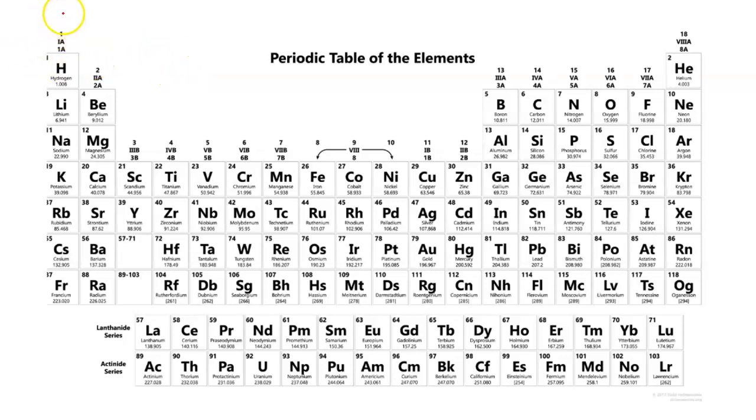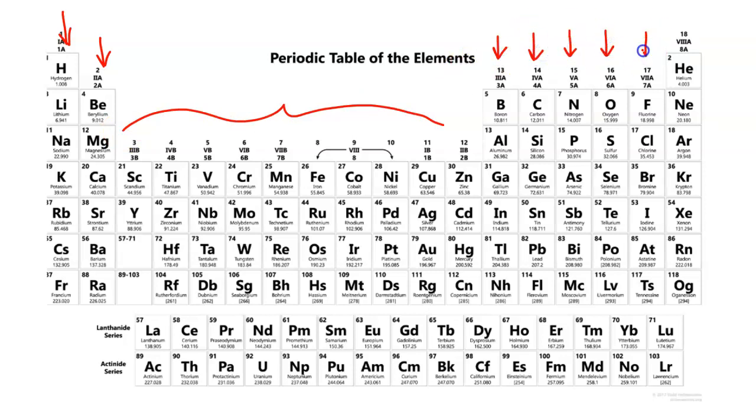We're going to skip over our transition metals and focus right here on our groups, group 6, group 7, and then group 8. These are noble gases. You're not going to work too much with noble gases when we're doing electron dot formulas. You may see it here and there, but it's not our main focus.